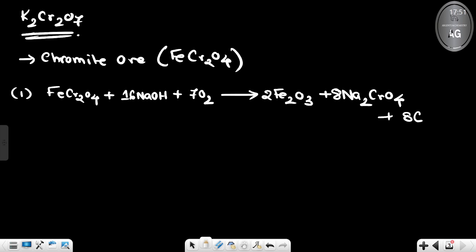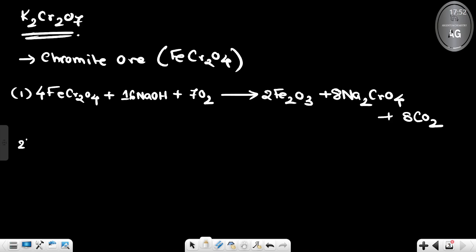So 4 FeCr2O4 plus 16 NaOH plus 7 O2 forms 2 Fe2O3 plus 8 Na2CrO4 plus 8 CO2. Balance the equation by multiplying by 4. So in the first step, we are preparing sodium chromate.